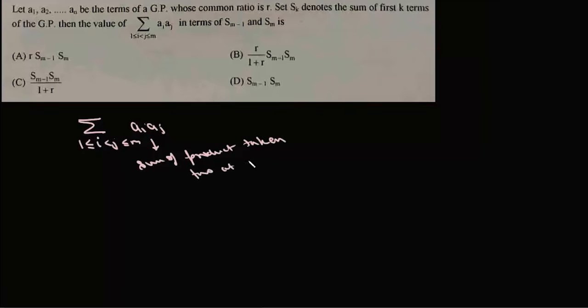Now here the question is, let A1, A2, up to An be terms of a GP whose common ratio is r, and let Sk denote the sum of first k terms of the GP. Then find the value of this sum, i greater than or equal to 1, less than j, that is less than or equal to m, ai into aj. Now this is the sum of product of terms taken 2 at a time.